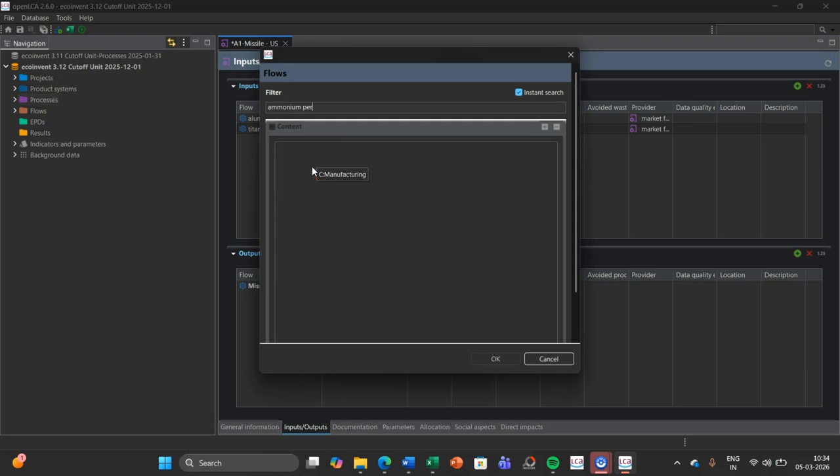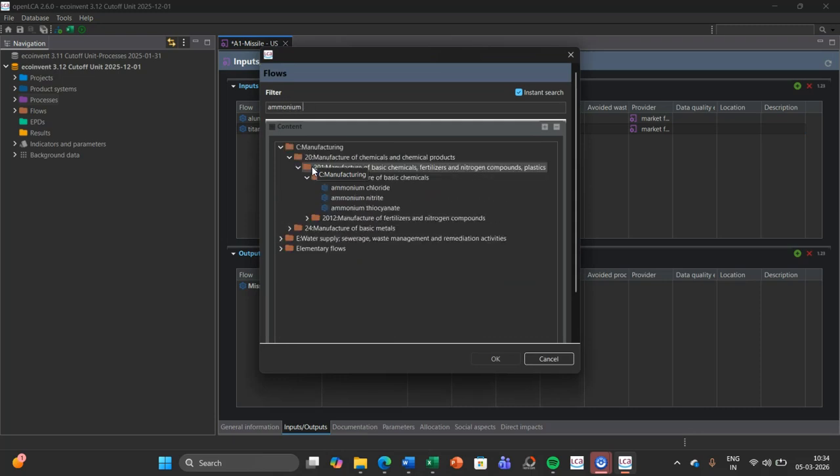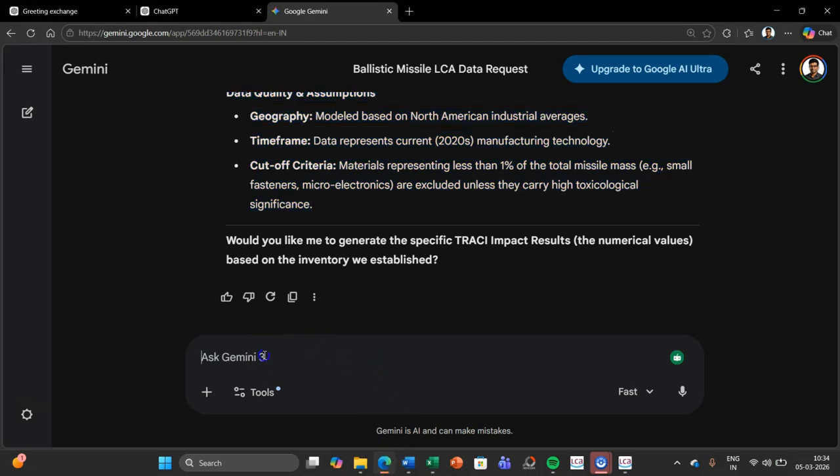I think that is not available. Perchlorate. Tell me the nearest alternative in ecoinvent.